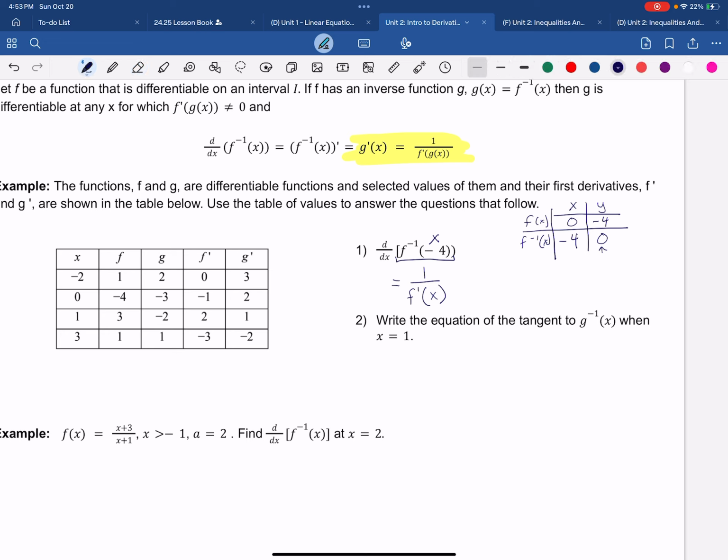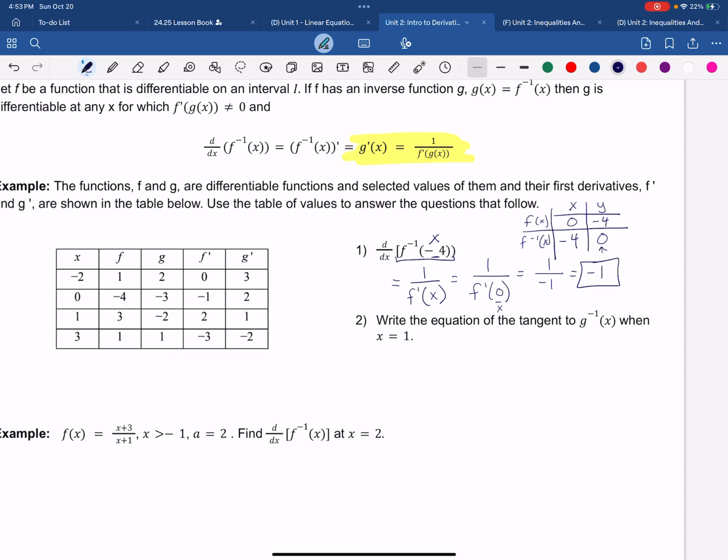We'll write it over here. So in this case, it'll be f prime of 0. So notice these two values don't match because the x value for my inverse function is not the same x value for my original function. And so for here, we'll have 1 over f prime of 0 is going to be -1. So we get -1 as our slope of our inverse function.